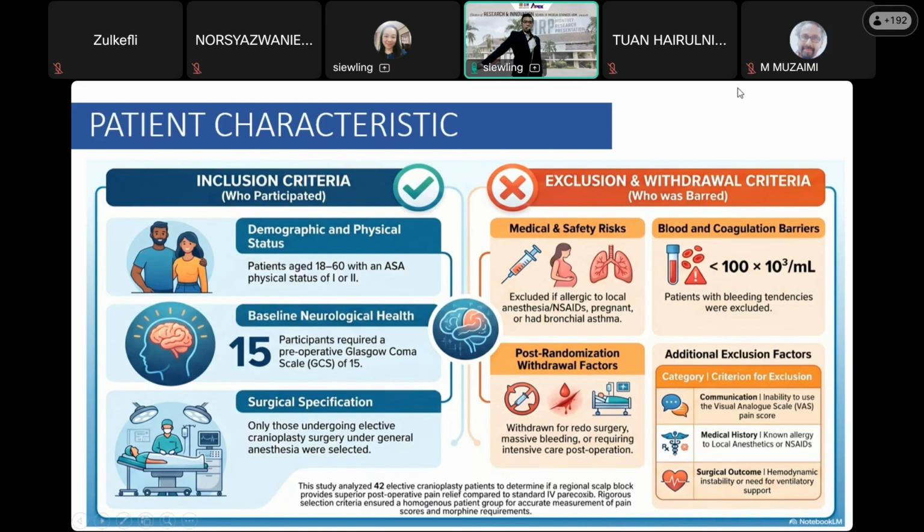And there are also withdrawal criteria, meaning that if we have this kind of patient, we have to withdraw them after randomization.